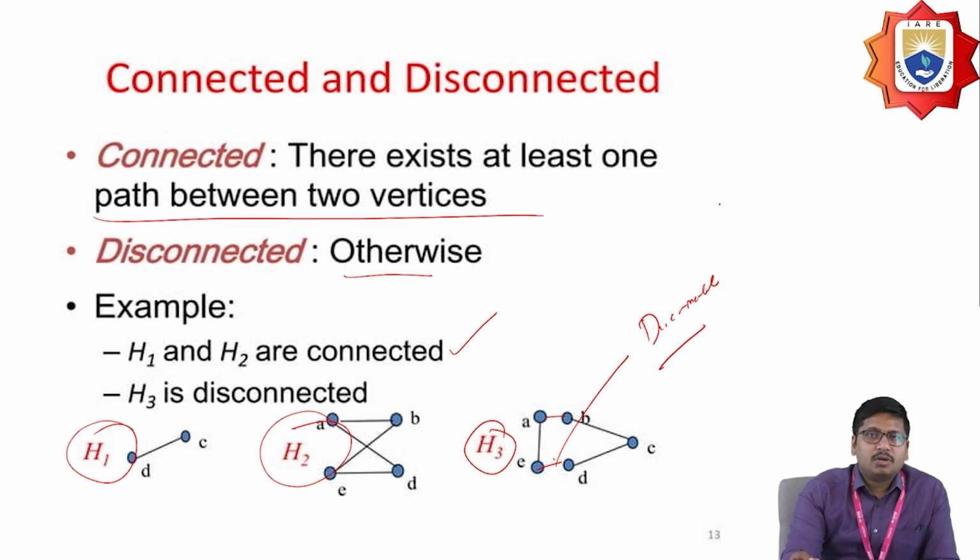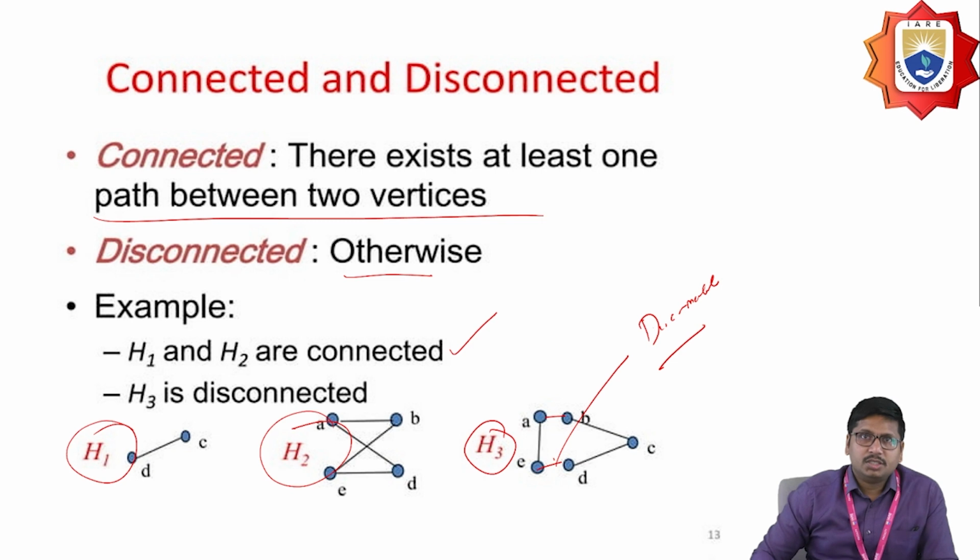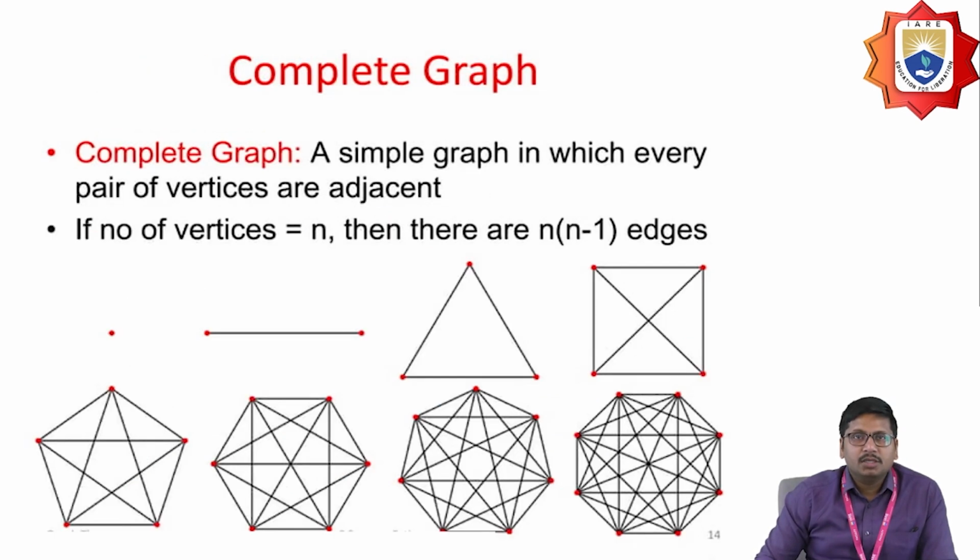Okay, so how can I state the definitions of connected and disconnected? If there is a path of vertices between two vertices, I can say the two vertices are connected, otherwise they are disconnected. And the next one is a complete graph.